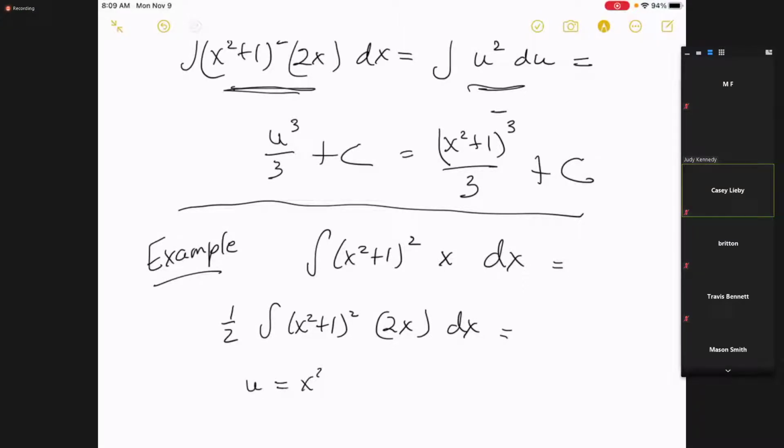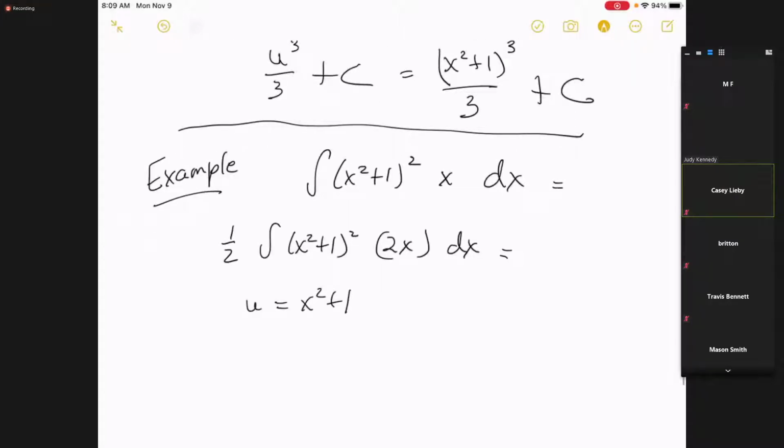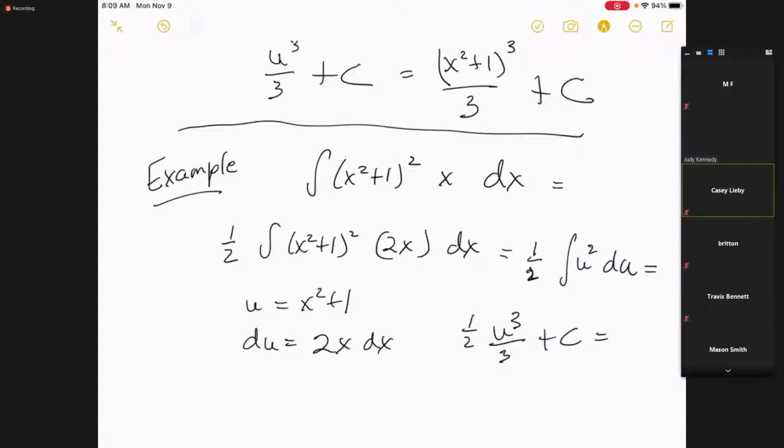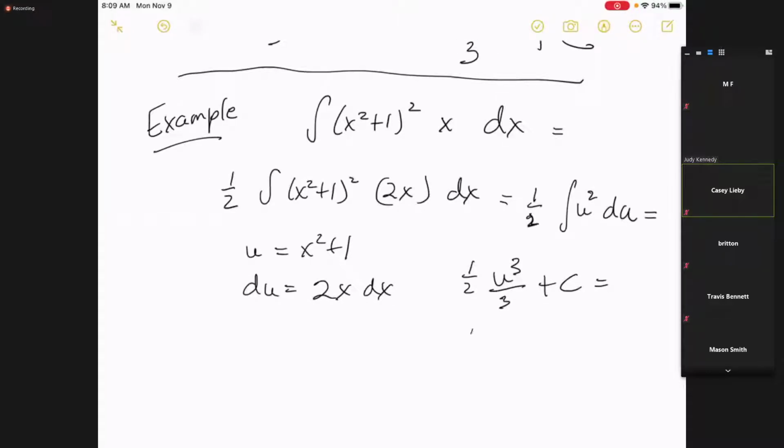Let u again be x squared plus 1, so du is 2x dx. The integral becomes, still having that 1/2 out front, 1/2 times the integral of u squared du, which is 1/2 times u cubed over 3 plus c, which is 1/6 u cubed plus c.